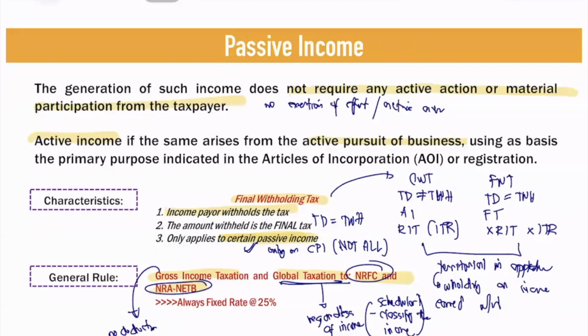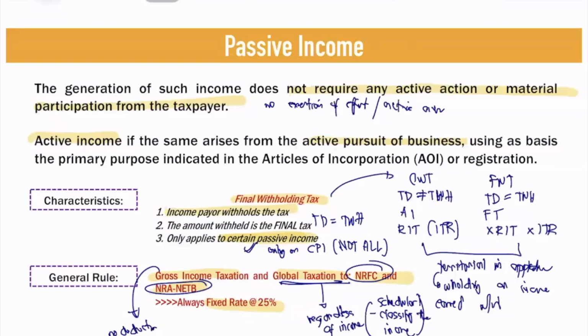So as a rule, take note, NRFC, NRA, and ETB are always at 25%. Later, when we go through our discussion, you will see that all income from NRFC and NRA and ETB is always taxed at 25%.